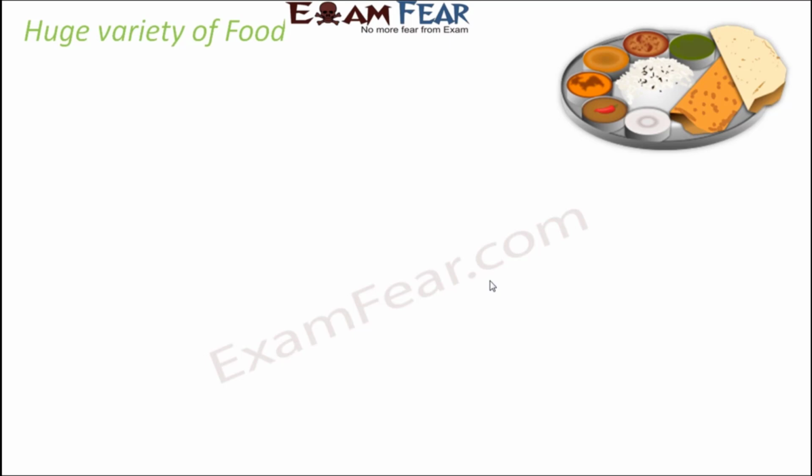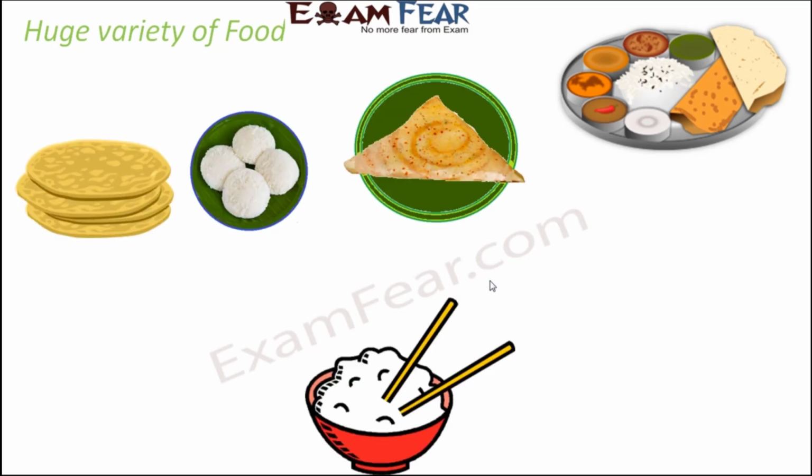If you look at the food items which we eat, a lot of us eat something like this, where we have rice, chapati, curries, dal, and curd. So that's how the menu is. Whereas a lot of times we eat other items like idli and dosa, which is very popular in the southern parts of India. We also eat tortillas or rice.